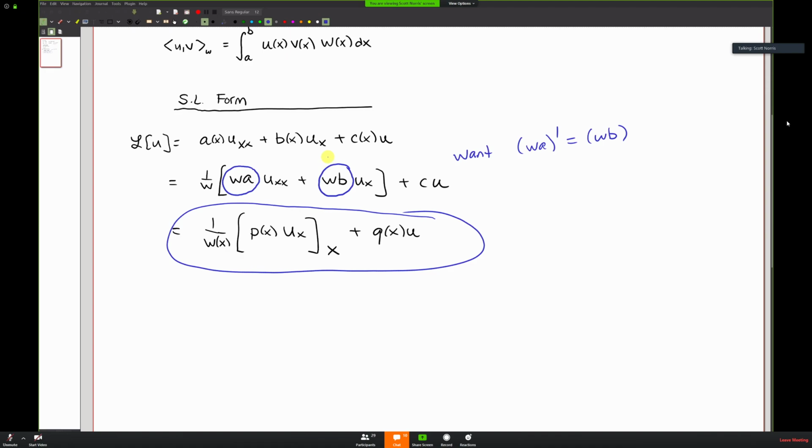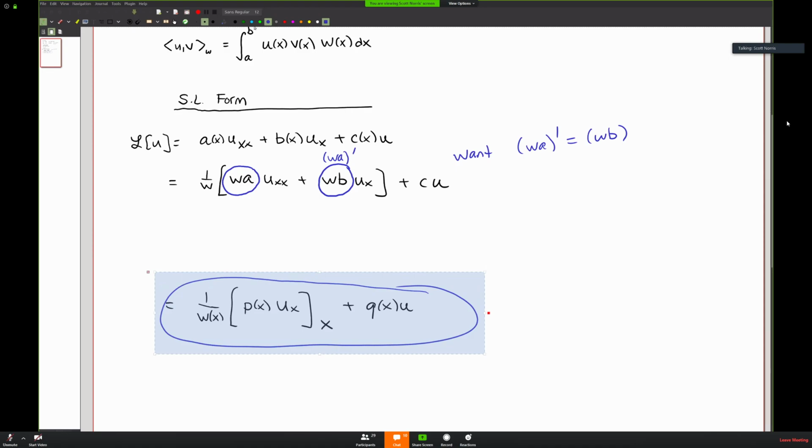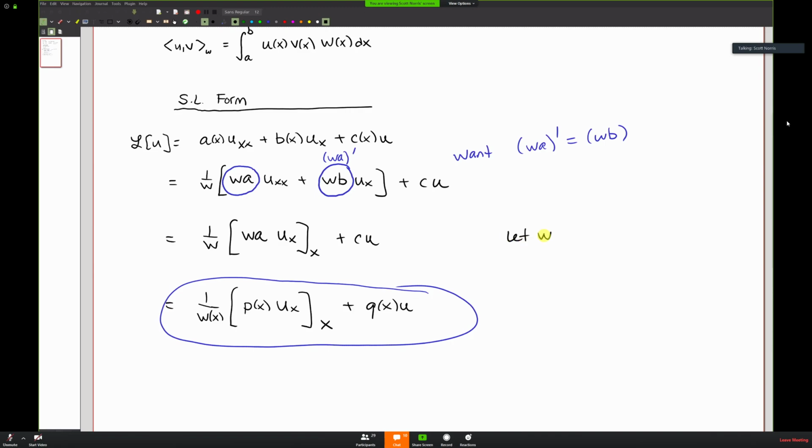Right, if this equals WA prime, then this whole thing in brackets becomes 1 over W, WA UX X plus CU. And then I just let WA equals P and C equals Q, and I get this standard form.